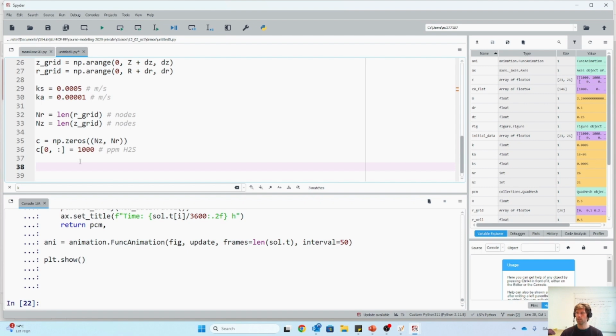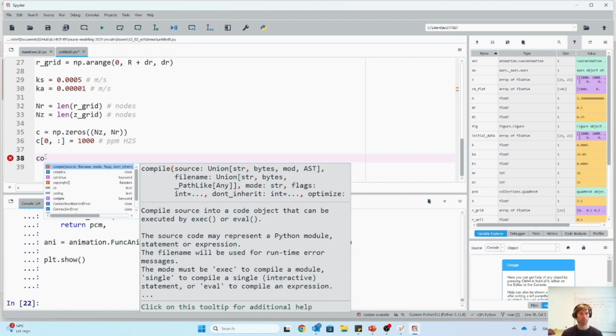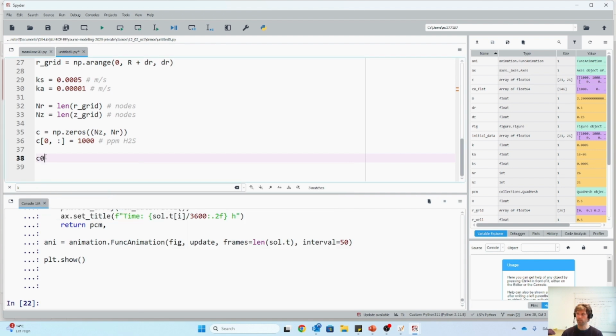And because we will pass this state variable into solve_ivp later, we need to flatten it so it has only one dimension. So right now it is a two-dimensional array of nz times nr, but we need to flatten it, and we can use a method called flatten, and we will make the variable here.